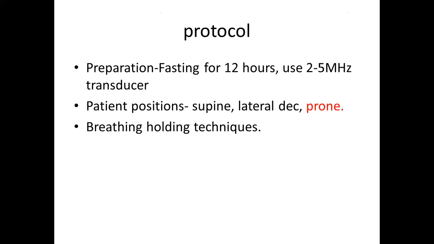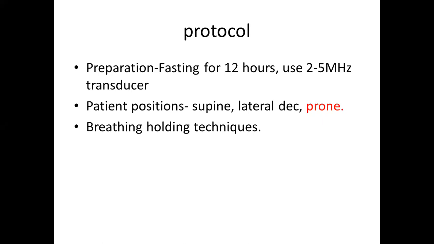Right. Now I'm moving on to the protocols of doing renal vessels evaluation for a hypertension patient. Our protocol usually involves proper preparation, which involves fasting for 12 hours. Then we need to use a low frequency transducer of 2 to 5 megahertz.